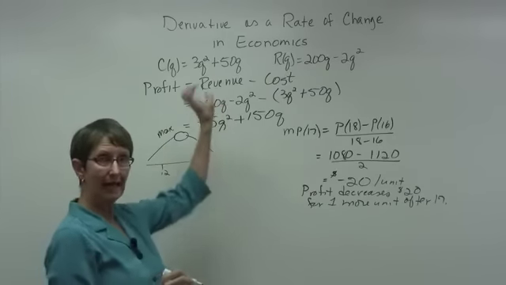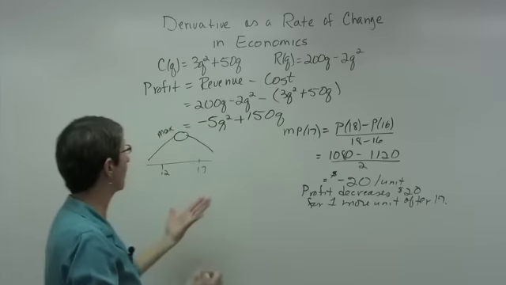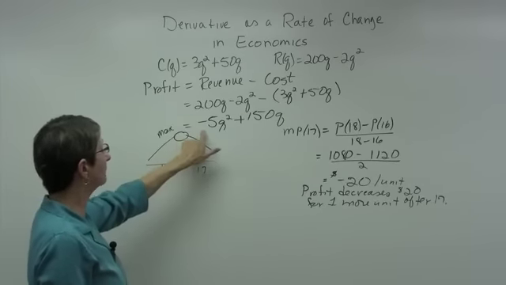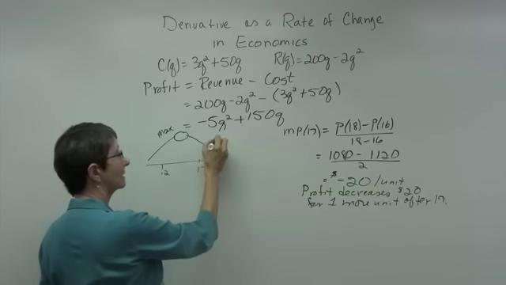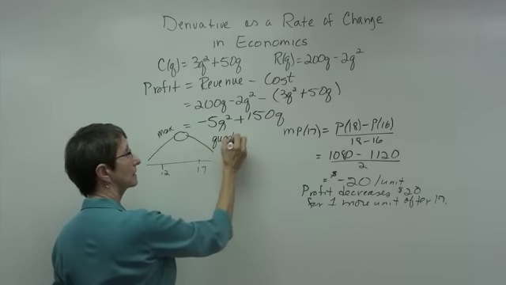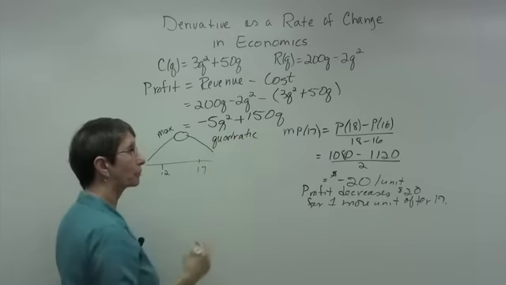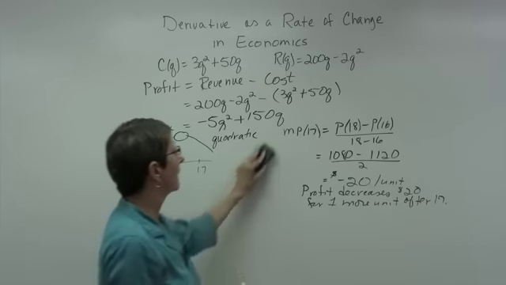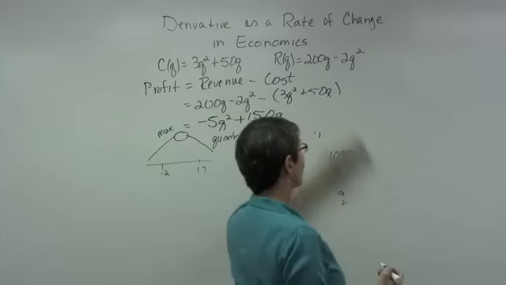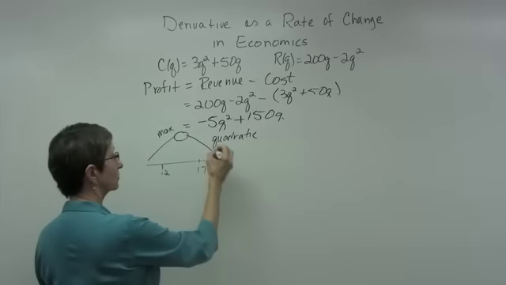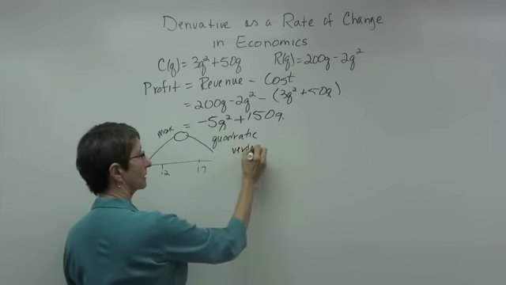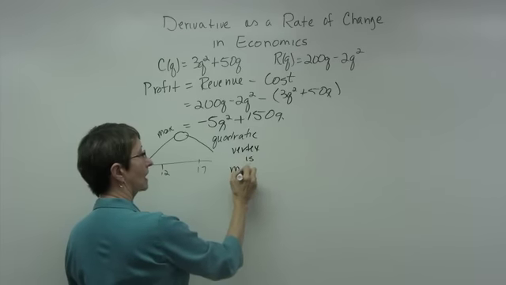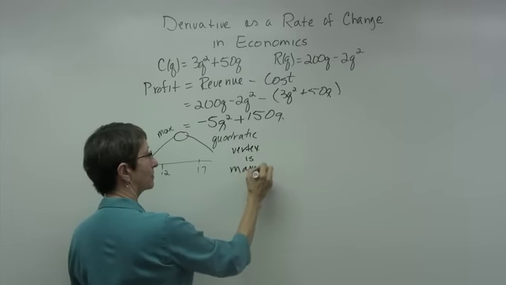Profit's increasing, I hit a number, and it starts decreasing. I have a maximum. Our profit function here is a quadratic. So if profit is a quadratic, I know how to find the vertex. The vertex is the maximum point if I have a parabola.